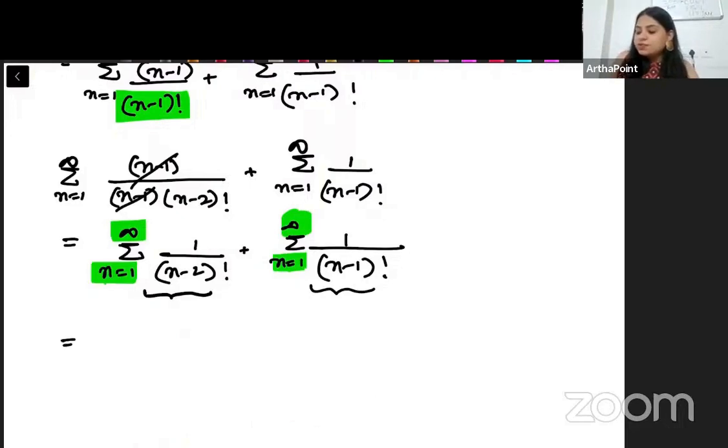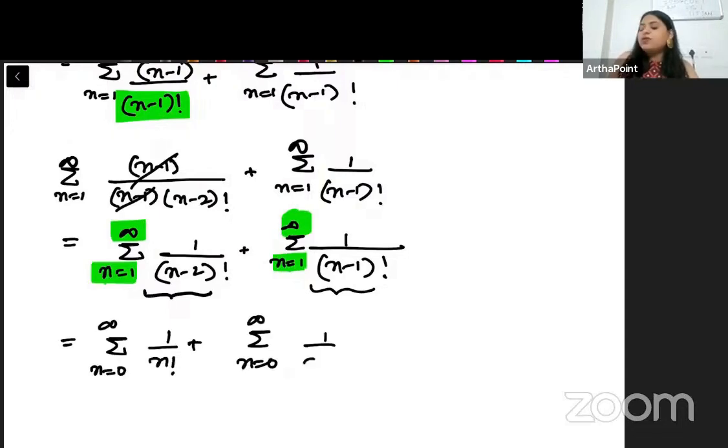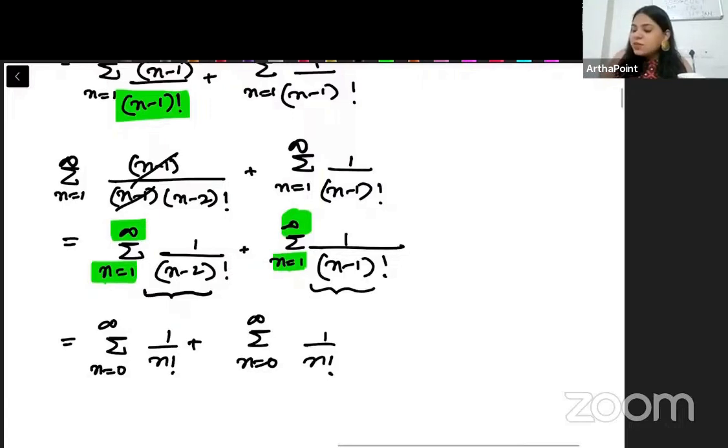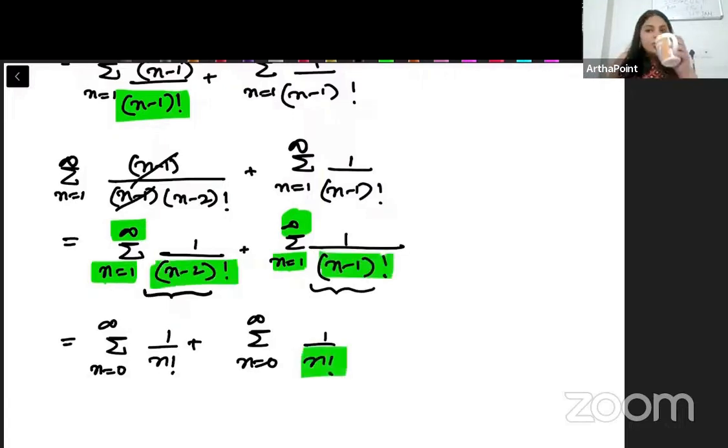I can say summation n goes from 0 to infinity 1 by n factorial plus summation n from 0 to infinity 1 by n factorial. So instead of starting from n equal to 1, I have started from n equal to 0, and I have converted these n minus 1 factorial and n minus 2 factorial to n factorial.